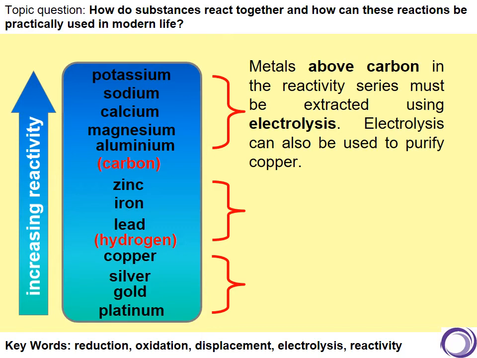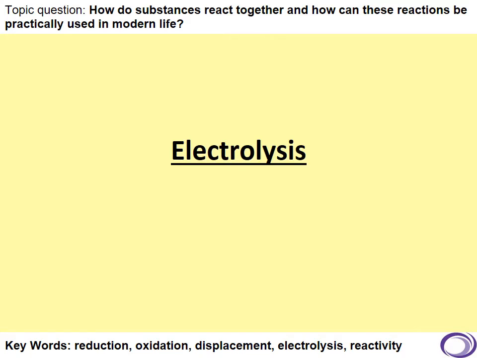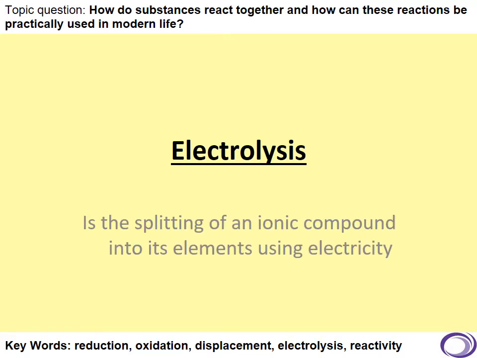If we then go back to our reactivity series, we can see that metals above carbon must be extracted using electrolysis. We also use the process of electrolysis to purify copper. Electrolysis then is the splitting of an ionic compound into its elements using electricity.